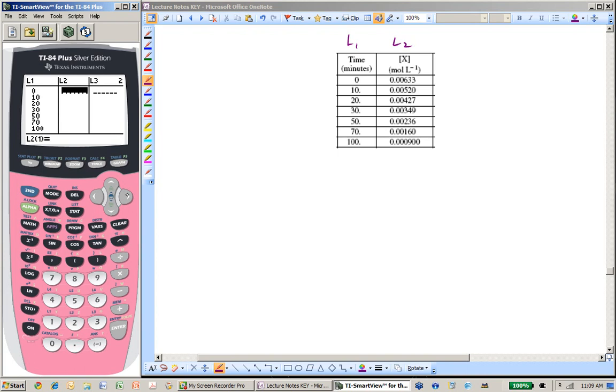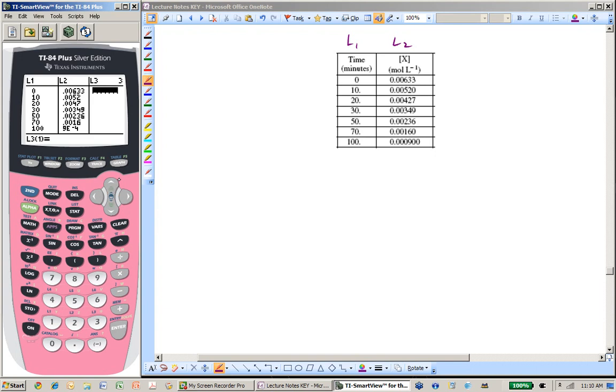Got all those in right? Type carefully. See, if I were talented, I would tell you a joke in all that silence.